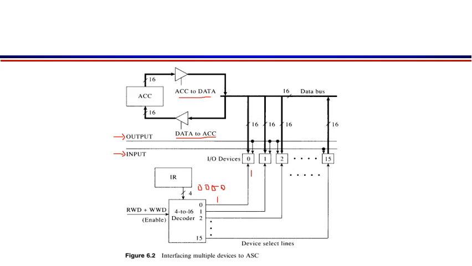In this way, all the 16 devices can be selected with the help of a 4 to 16 line decoder, and we have the availability of a total of 16 multiple input output devices. The decoder is also given a read write enable signal.